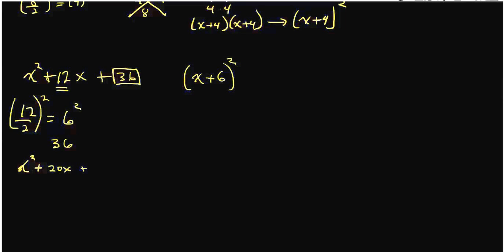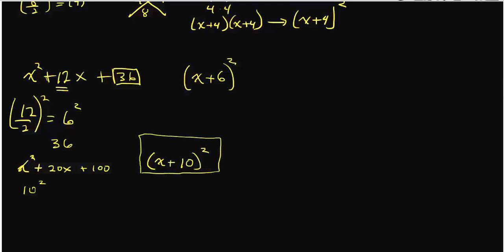Half of 20, of course, would be 10, and if I square that, it gives us 100. However, the perfect square will become x plus, what is the square root of 100? That's 10 squared, and this is a perfect square. Okay, that should help, I hope.